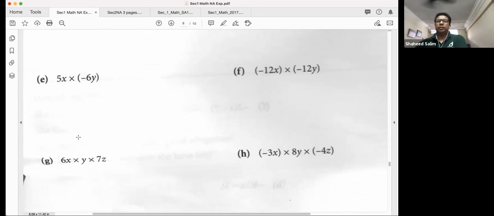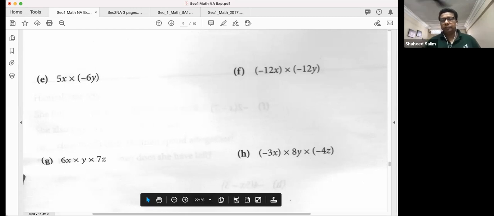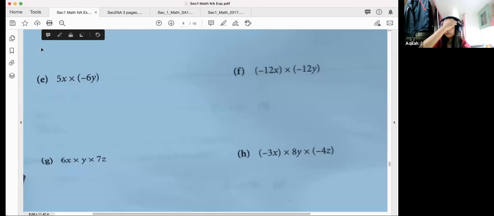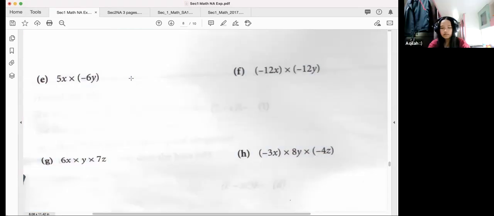You can use your calculator if you want. 96z or negative 96z.